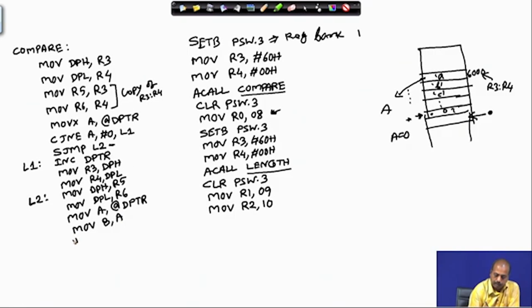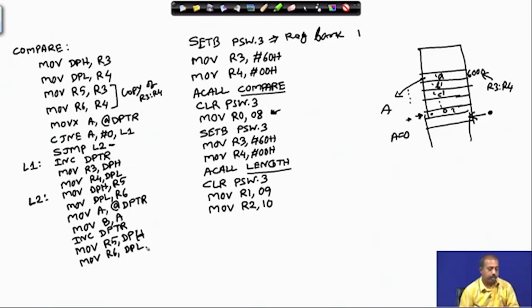Then we increment DPTR and save DPTR. Whenever we increment, we save the DPTR in the R5 R6 pair, so that we can load it later. So MOV R5, DPH and MOV R6, DPL.